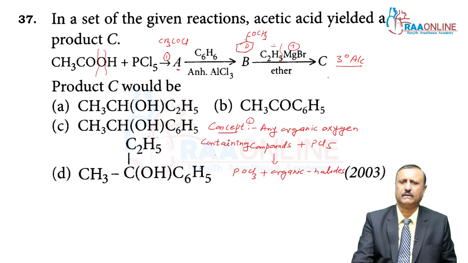In this way, the tertiary alcohol is present in option D. This is a basic reaction: a Grignard reagent always reacts with a ketone to form a tertiary alcohol. Here you can see this is a secondary alcohol, so it is not the answer. Here is a ketone, it is not the answer. Here is a secondary alcohol, not the answer, and the answer is this one, because in this option you get the tertiary alcohol.